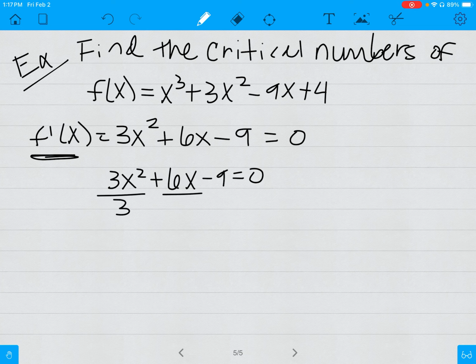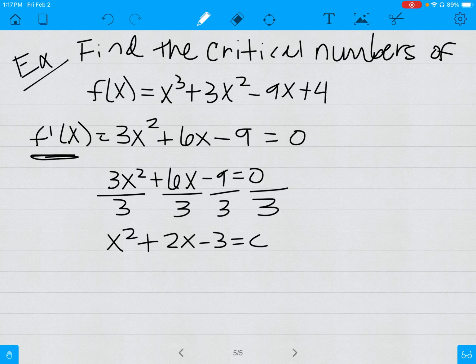So I'm going to divide that 3 out just to make my factoring easier. So that makes this left-hand side x squared plus 2x minus 3 is equal to 0. If the left-hand side didn't factor, you could, of course, use the quadratic formula. But in this case, it factors quite nicely into x plus 3 and x minus 1.